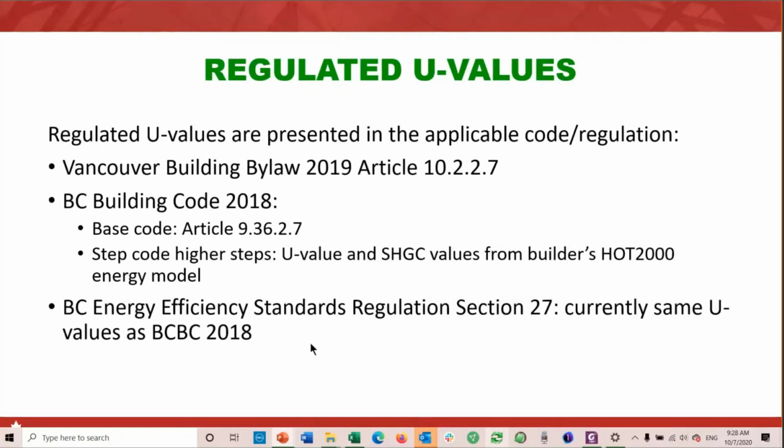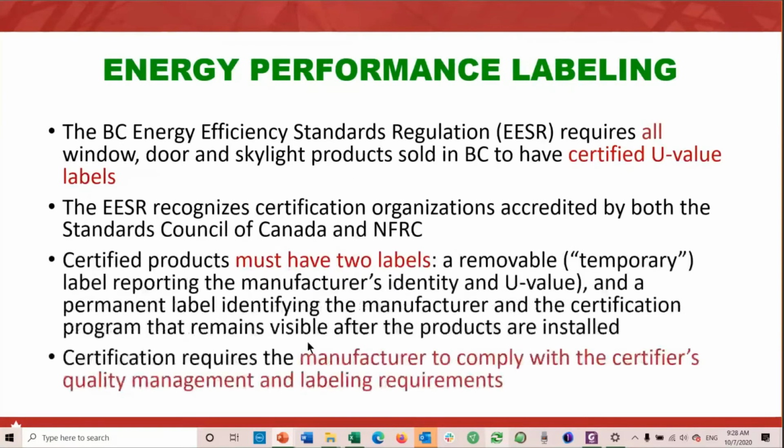But the Energy Efficiency Standard Regulation is important for another reason, and that is because it requires all window, door, and skylight products sold in BC to have certified U value labels. So whereas the building code allows manufacturers to report their NAFS ratings, their structural air and water ratings, the manufacturers can self-report the ratings they've obtained in their lab test reports.